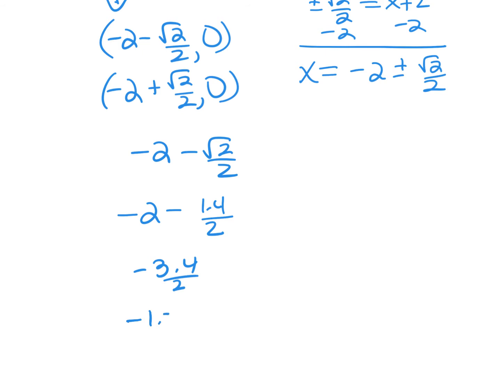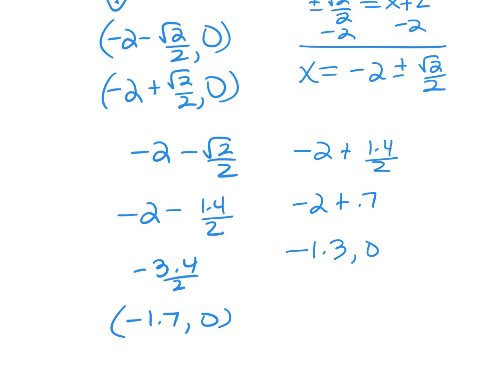This would be about -1.7, comma 0. And then I could do the same thing on the other one. -2 plus 1.4 over 2. 1.4 divided by 2, this would be -2 plus 0.7. And then I would get -1.3, comma 0.